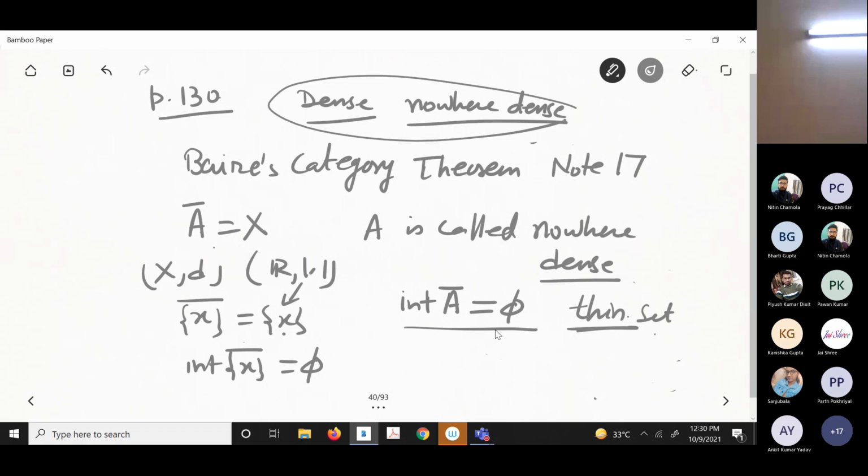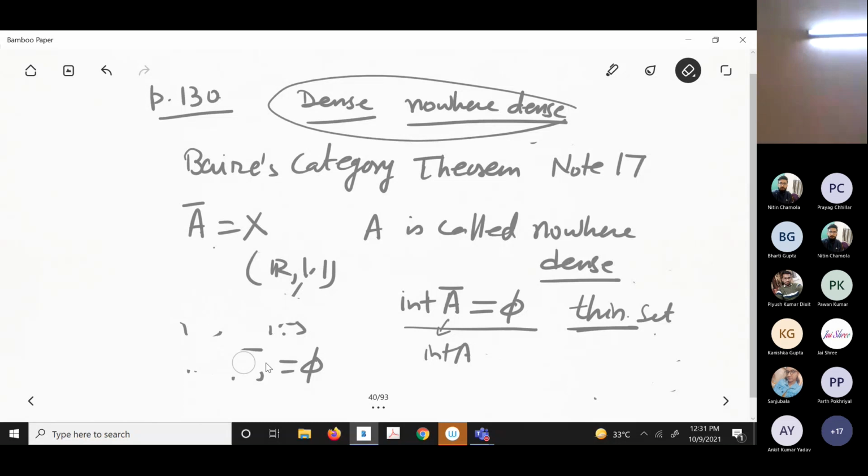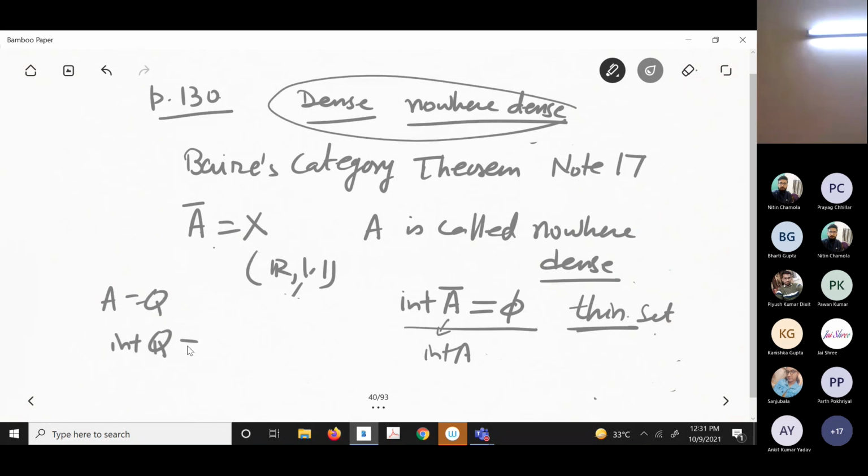Now look here, there can be a big change between the interior of A and the interior of A bar. Like the example I am giving you in R. I think I have given a problem related to this in the minor exam. I just asked, is it true or not? Look, if you take A equal to Q, then the interior of Q is empty.